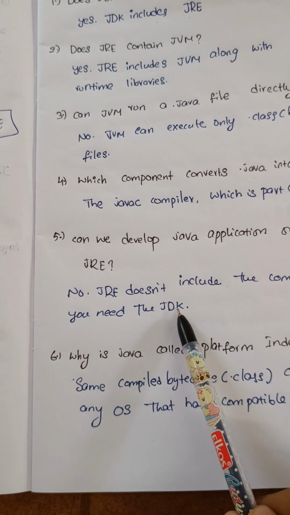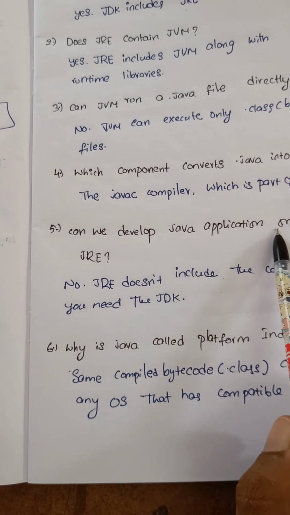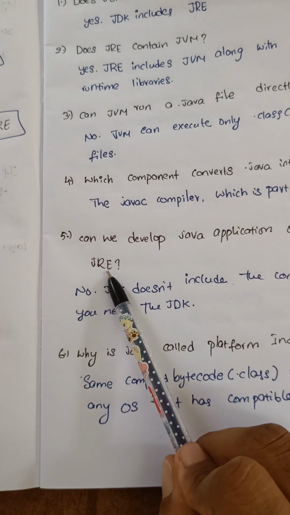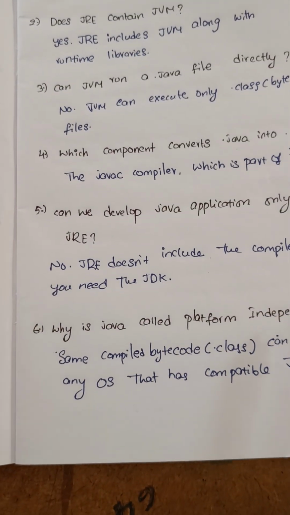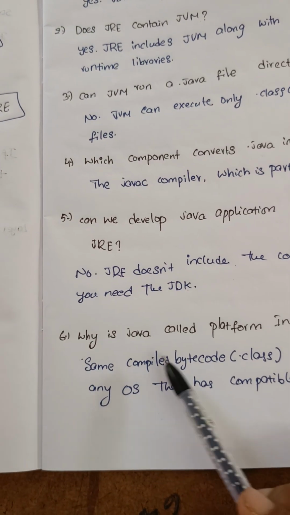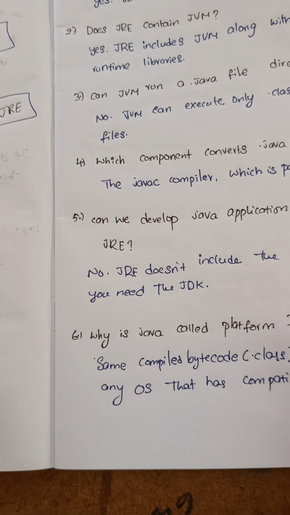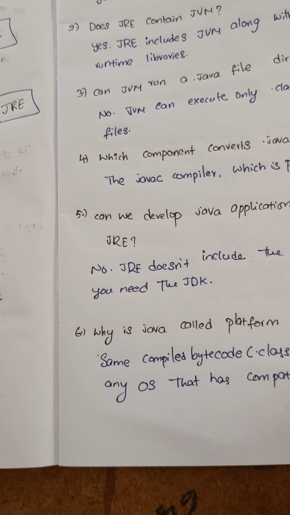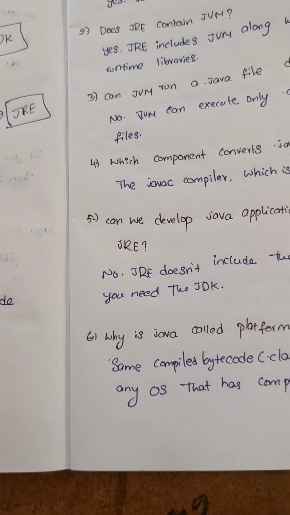You need JDK for the compiler. So we cannot develop Java applications using only JRE. Why is Java called platform independent? The same compiled bytecode, that is the .class file, can run on any operating system that has a compatible JVM. So that's why Java is called platform independent.